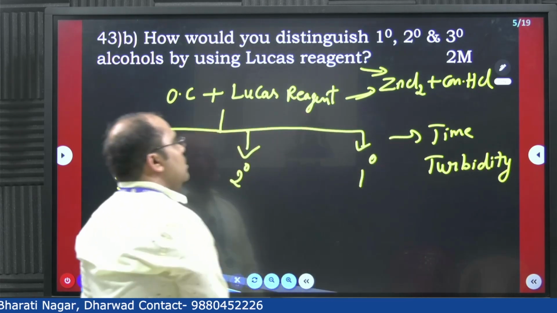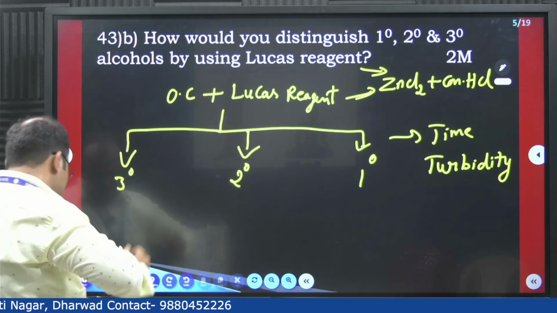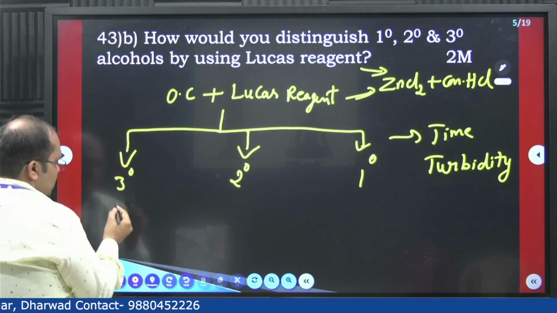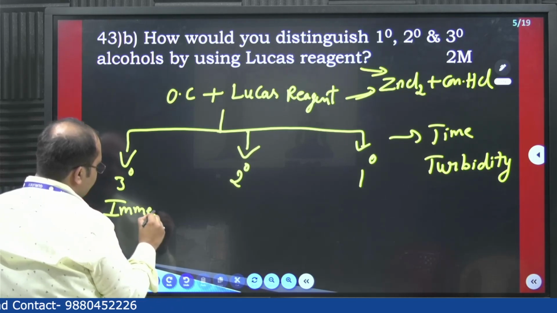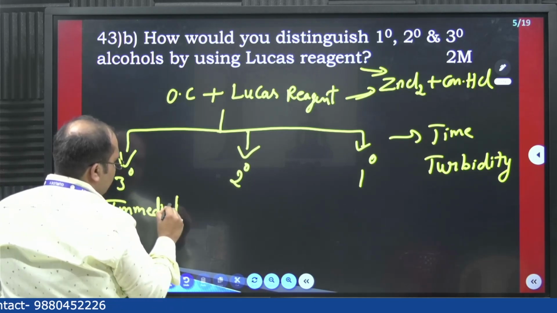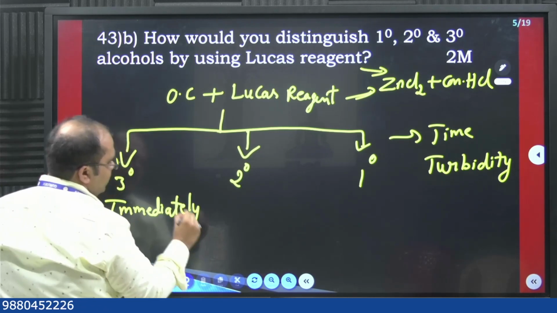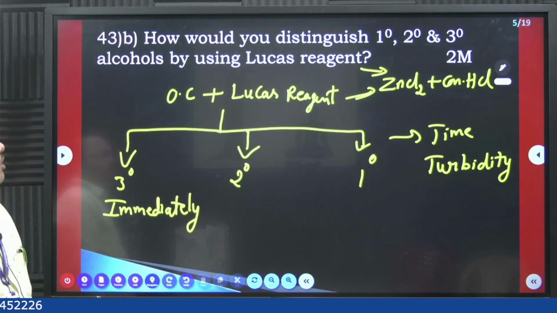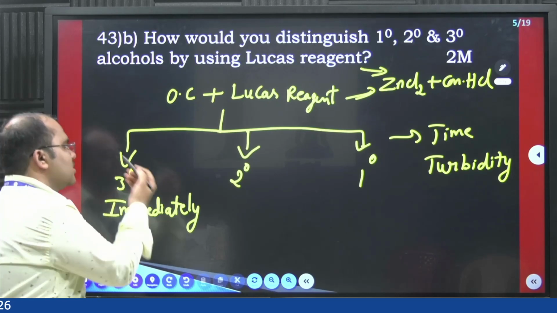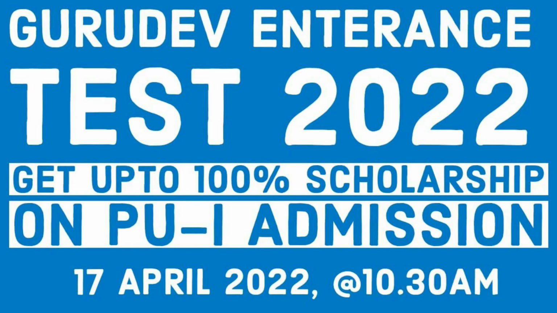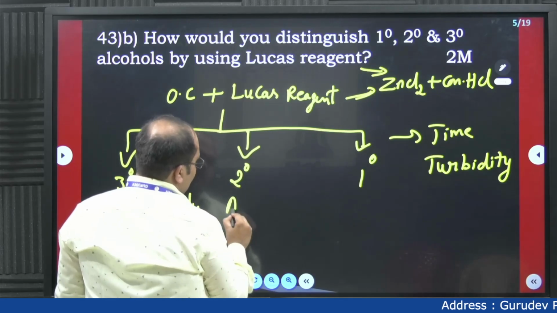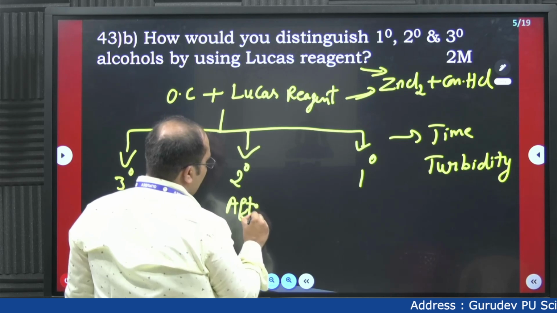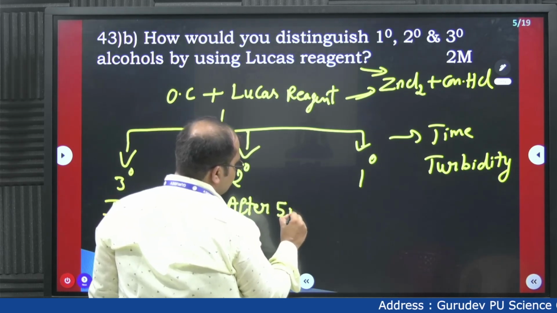So here, if the turbidity is formed immediately, it is considered as tertiary alcohol. Next, for the secondary alcohols, the turbidity forms after 5 minutes.